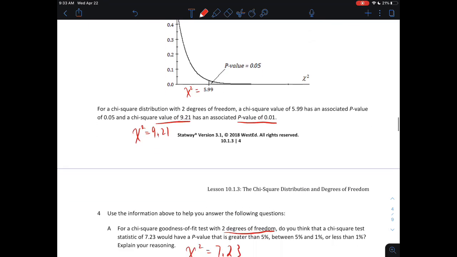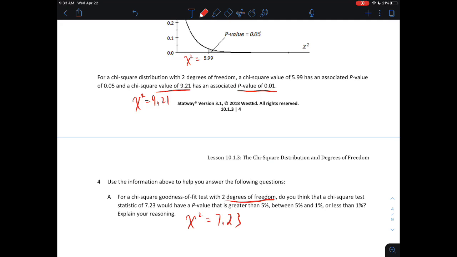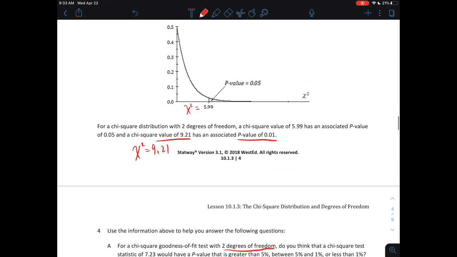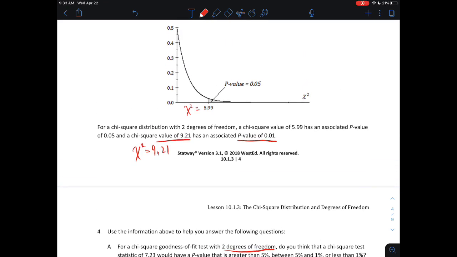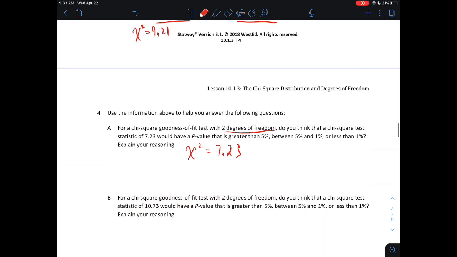So we can notice that in 4a, the chi-square value that we have, 7.23, is between the last 2 on the previous page. That's between 5.99 and 9.21.